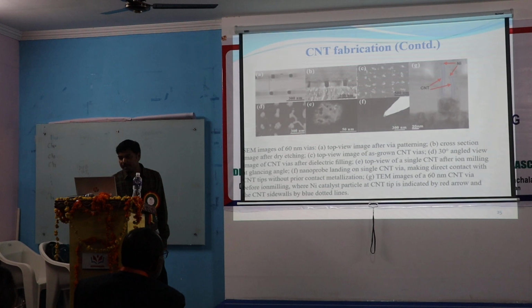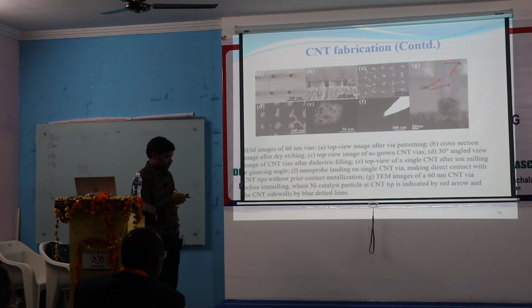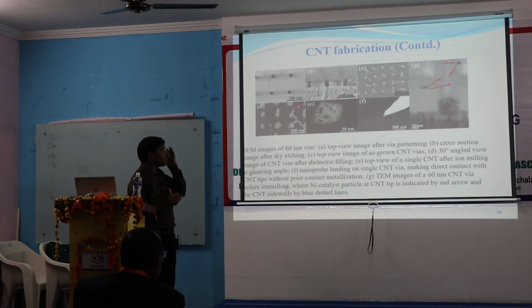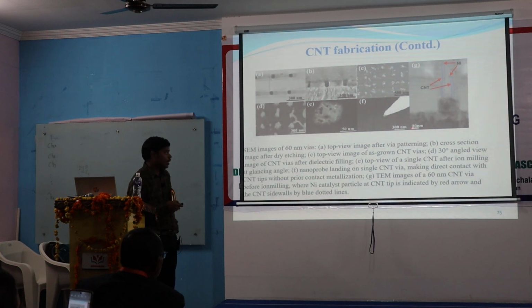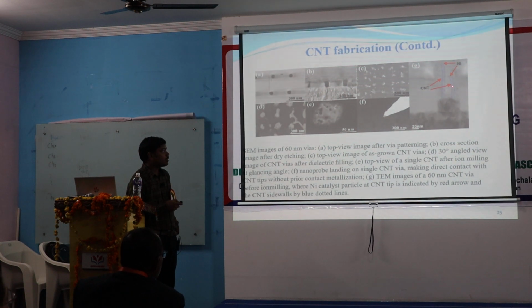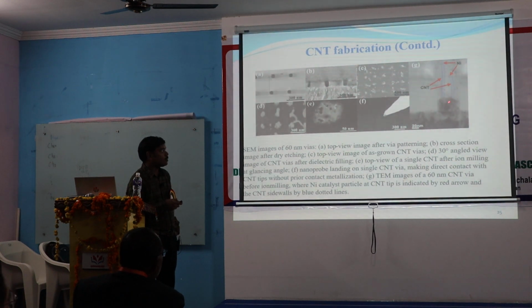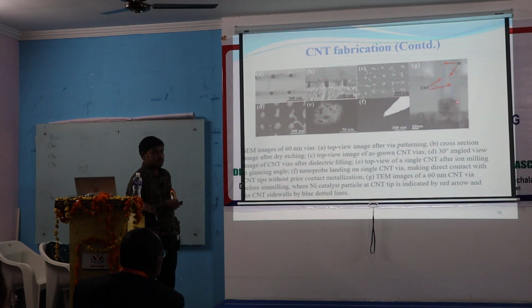And some SEM pictures I placed here. These are pictured at a nanometer scale. It means this distance is 20 nanometers. There is a CNT growing like this, you can clearly see, with a diameter of approximately 1 nanometer.